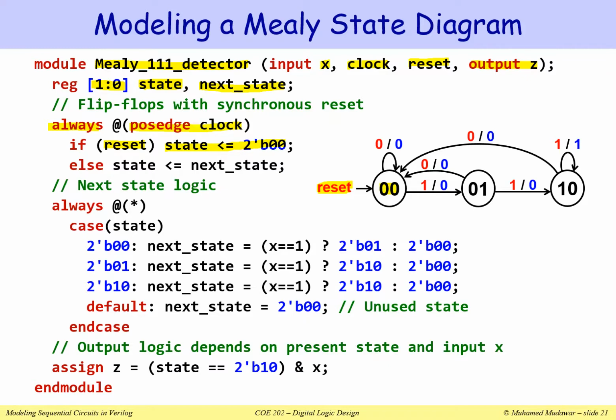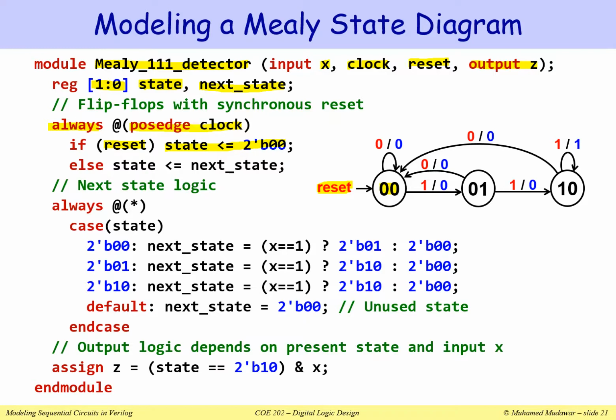Notice that this reset is synchronous reset. It is synchronized with the clock. Why? Because the always statement is sensitive only to the positive edge of the clock. So only when we have the positive edge of the clock can we change the state back to 0, 0 if we are resetting.